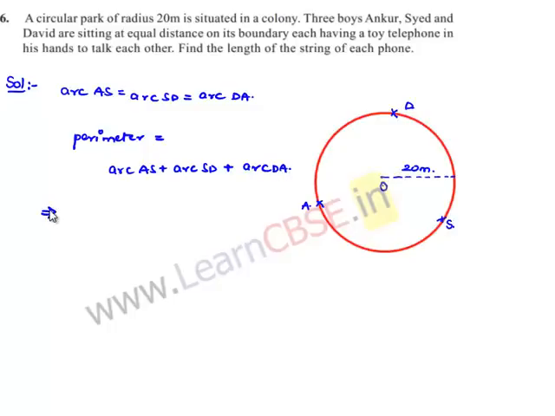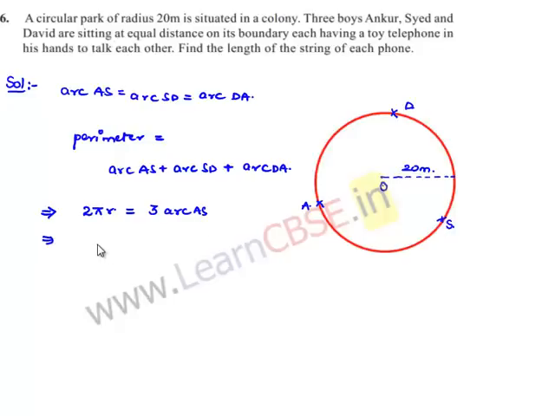We know that the perimeter of the circular path is 2 pi r, where r is the radius, which is equal to, instead of arc AS, arc SD and arc DA, we can write 3 times any one arc, that is arc AS.